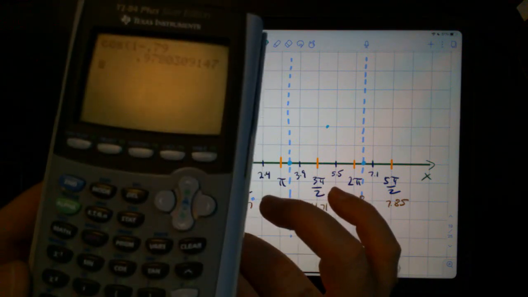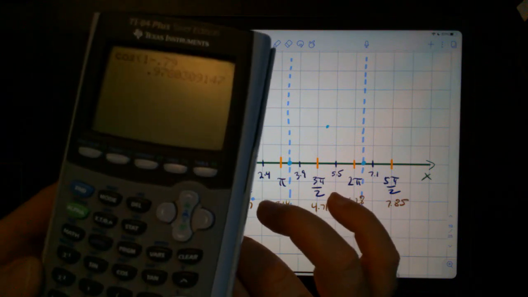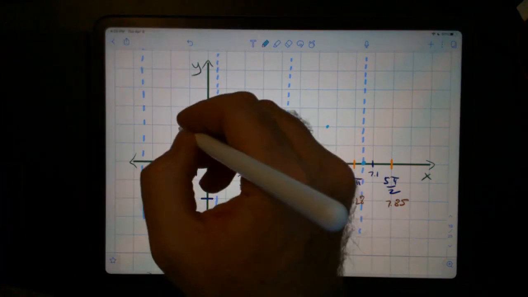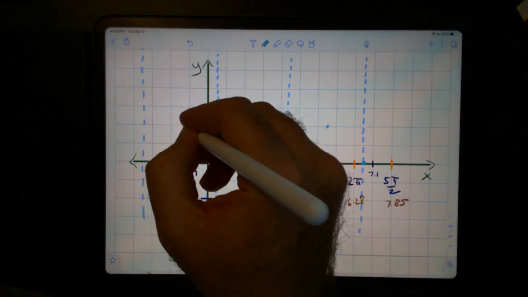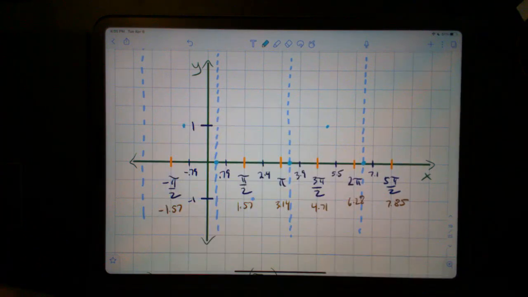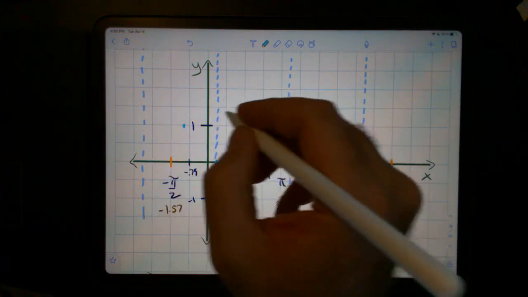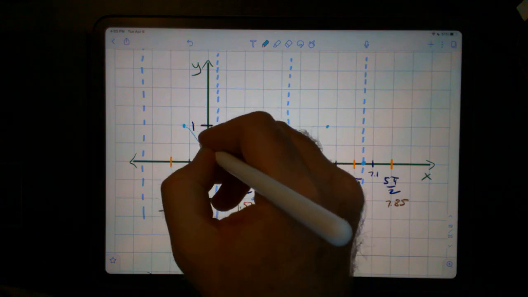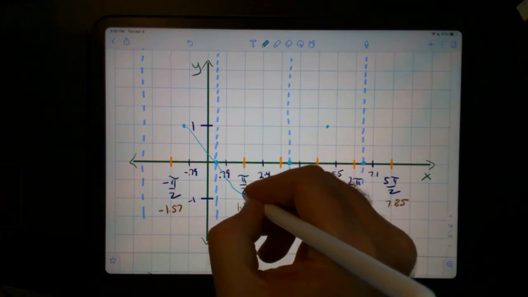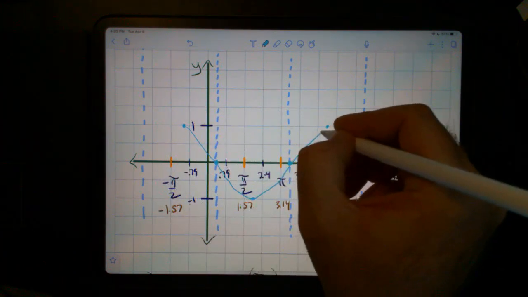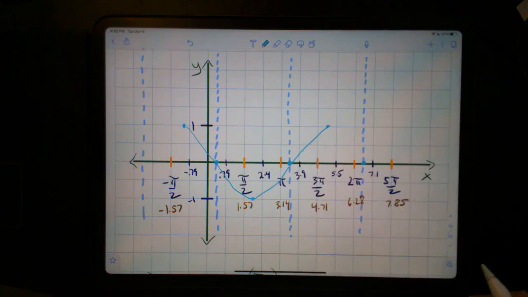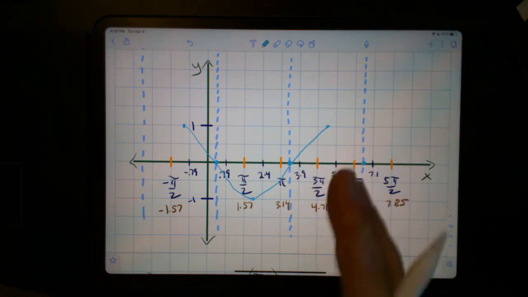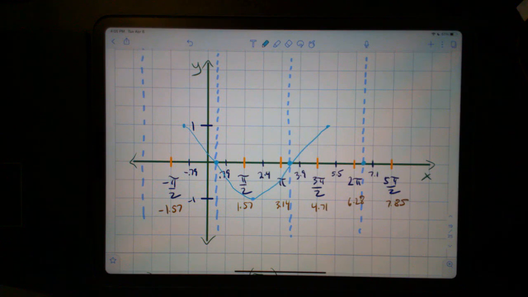Cosine of that is going to be 0.978, almost 1. So this is a very challenging one, but I liked it because it shows that we can graph anything, even if the numbers are very challenging.